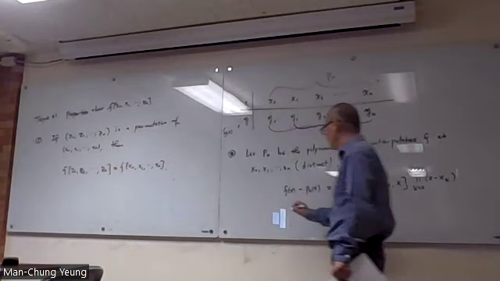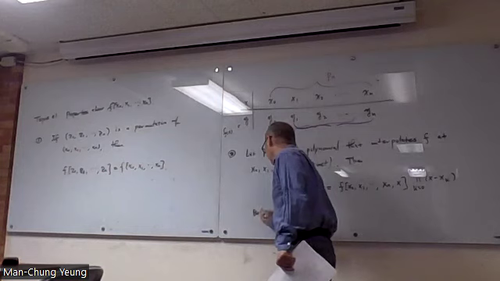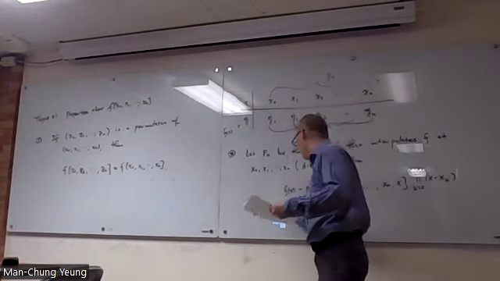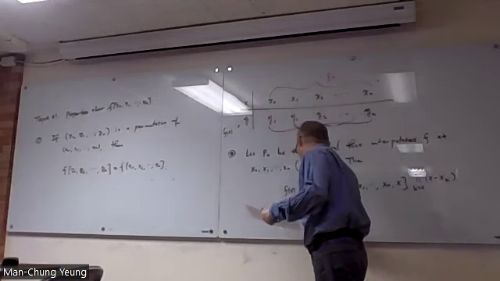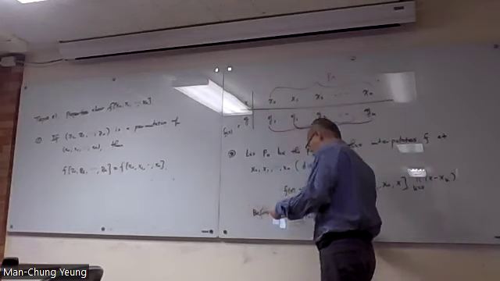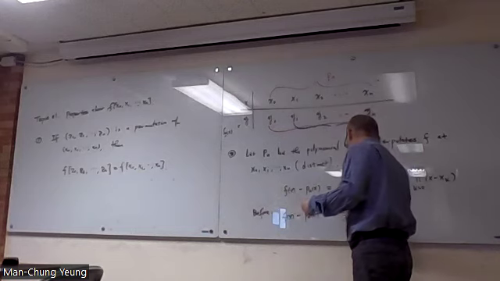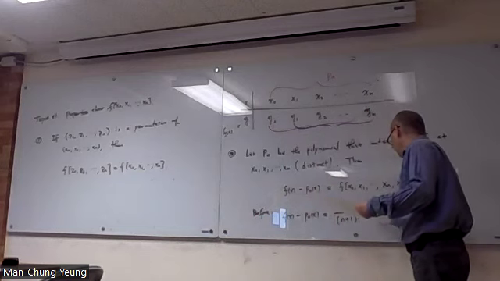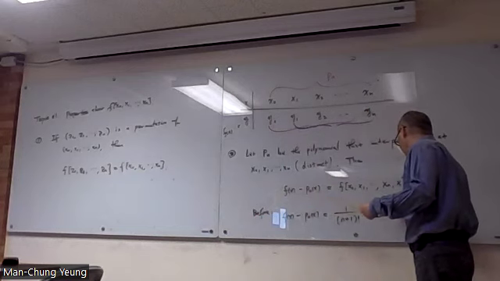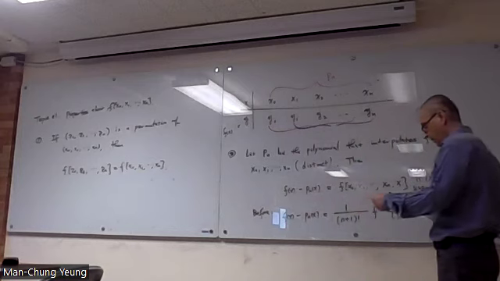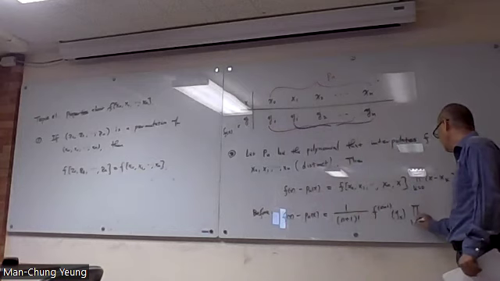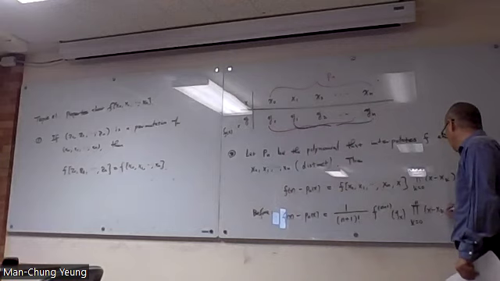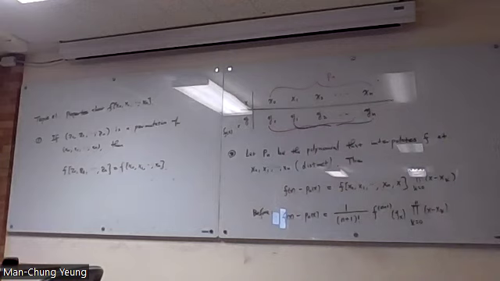Before, we had this formula from one field: 1 over (n plus 1) factorial times f^(n+1) of psi of x times this product. Do you remember?